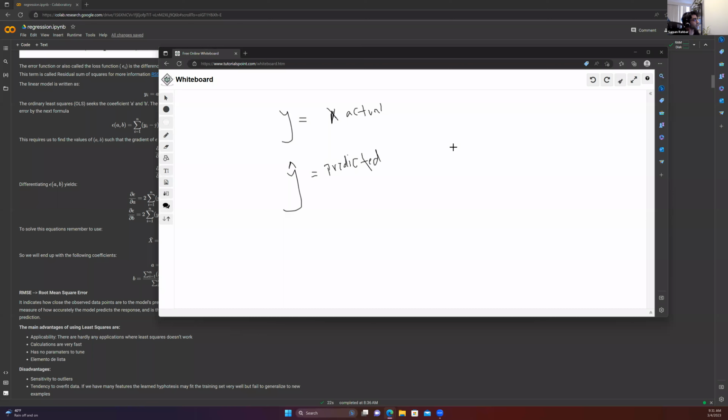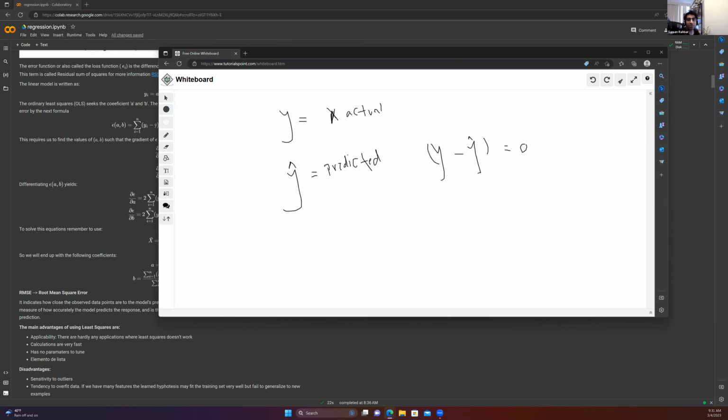Actual values, predicted values. So we want to minimize this, right? If we get it to 0, it means that we have a perfect prediction.